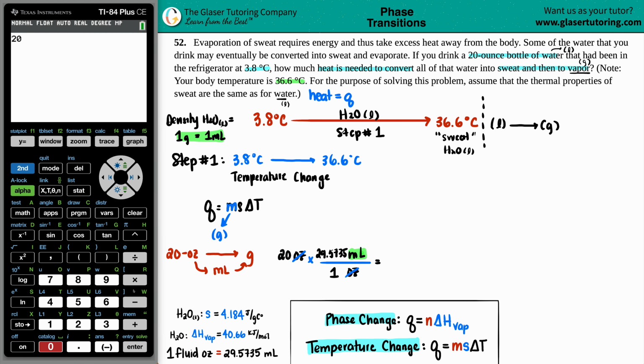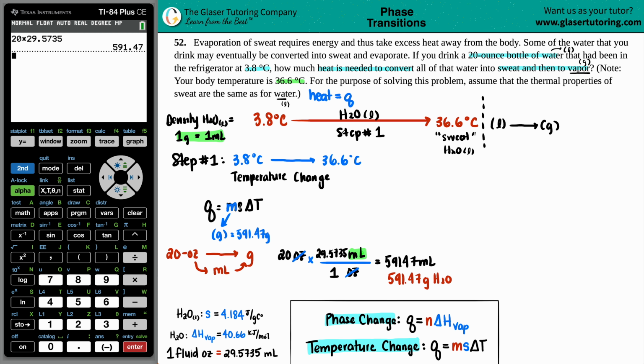So let's see, 20 times 29.5735. Numbers look good? We got 591.47 milliliters. And because of the density, we have 591.47 grams of H2O. And now I know that the mass is 591.47.